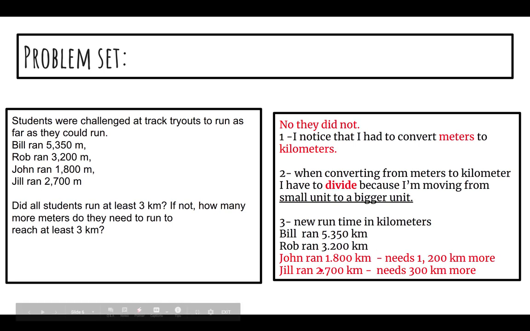However, John and Jill did not. So I asked myself, how much more does John need to run to make at least 3 kilometers? I said he needs 1,200 meters more, and Jill needs 300 meters more to make 3 kilometers.